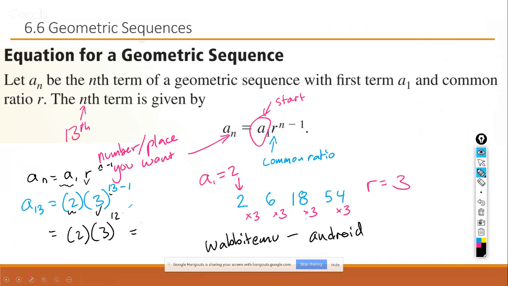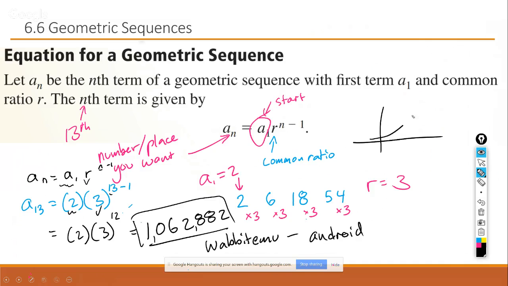Race me. 2 times 3 raised to the 12. Answer is, what the heck? That is 1,062,888. And that would be the answer. As you can see, they grow pretty quickly, like exponential growth, because it's an exponential function. So that skyrockets to like 1 million.